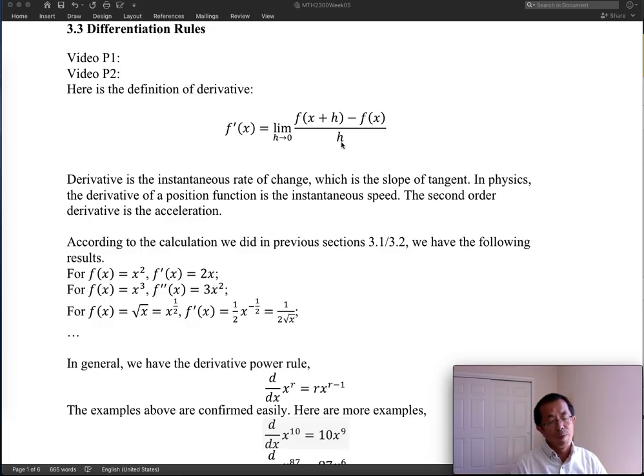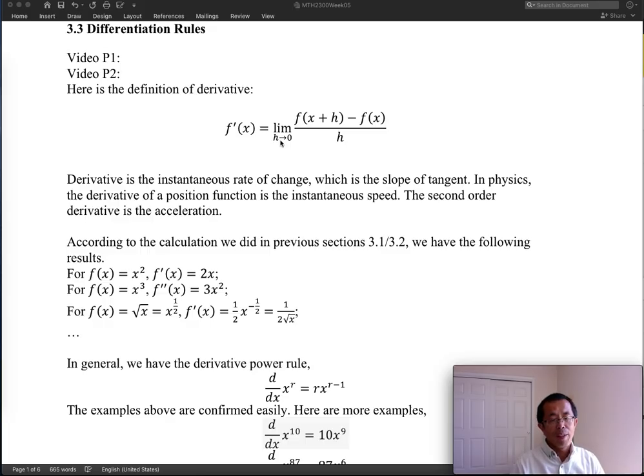Really, the first rule is the power rule. We'll talk about the power rule in a moment. And again, two more things I want to remind you about the derivative. The derivative is the instantaneous rate of change. This part is the rate of change, right? Because of the limit, it is the rate of change in a very short time period. So that is the instantaneous rate of change.